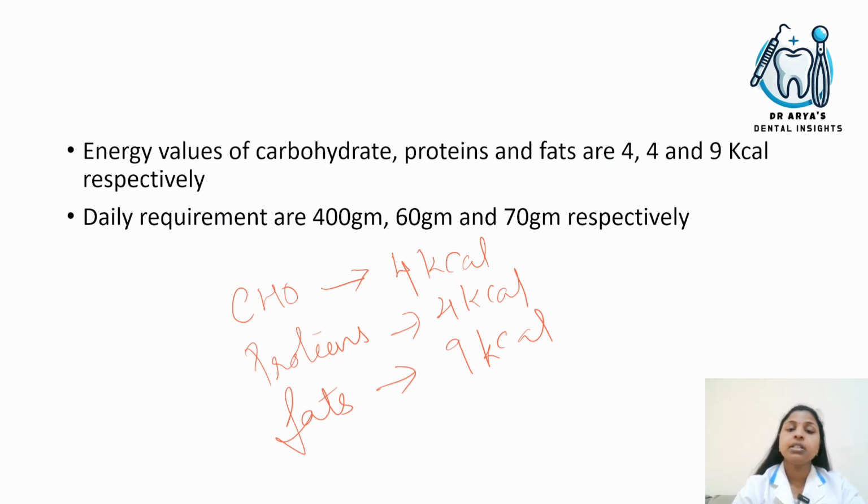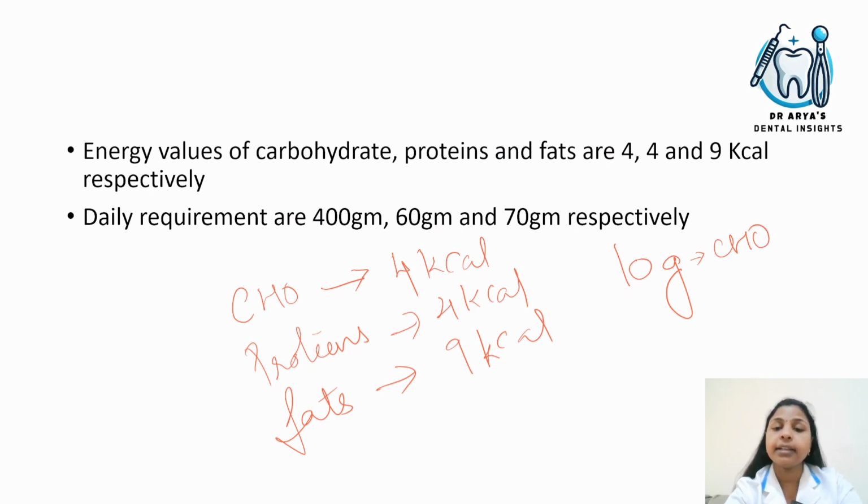So what does 10 gram of carbohydrate yield? That means for carbohydrate it is 4 kilocalories, so 10 gram is 40 kilocalorie.